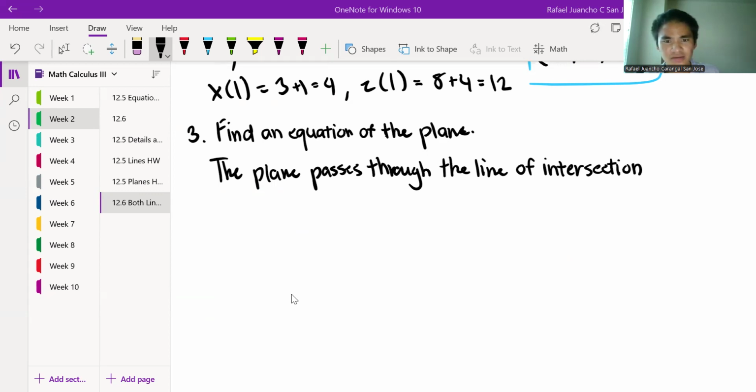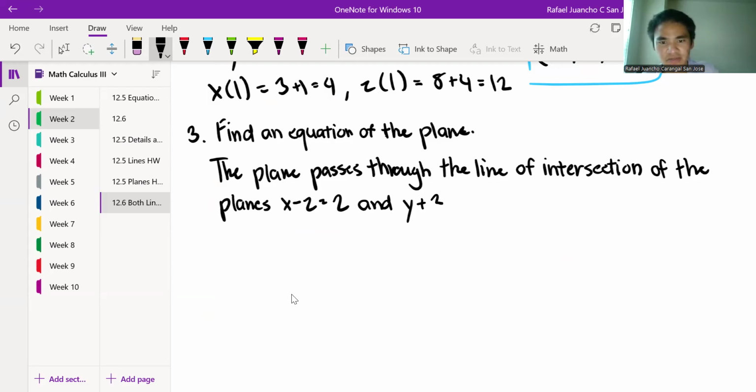The planes x minus z equals to, and it's combining stuff here, y plus 3z. Not gonna visualize this. This is hard to visualize.